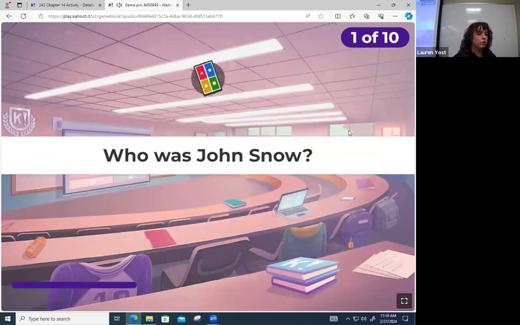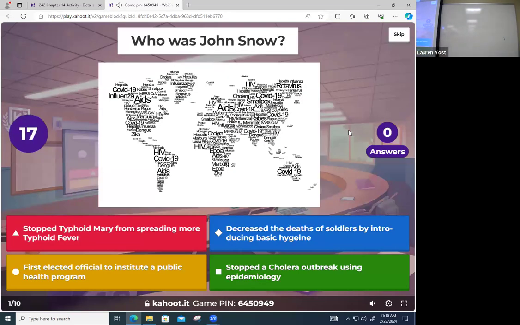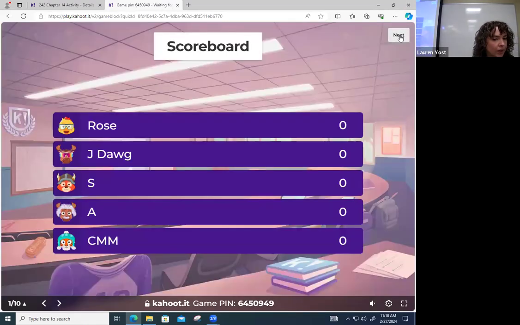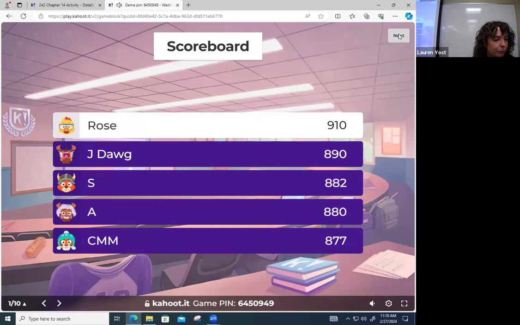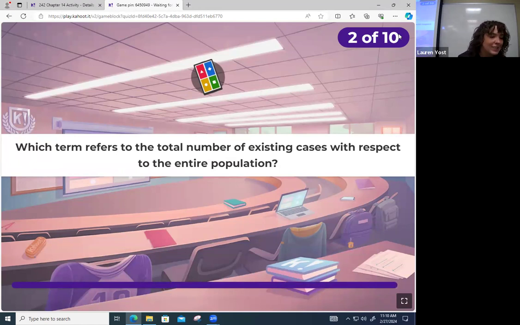All right. Who was John Snow? What did he do? Yep, he was involved in stopping that cholera outbreak at that well water pump. All right. Which term refers to the total number of existing cases with respect to the entire population?